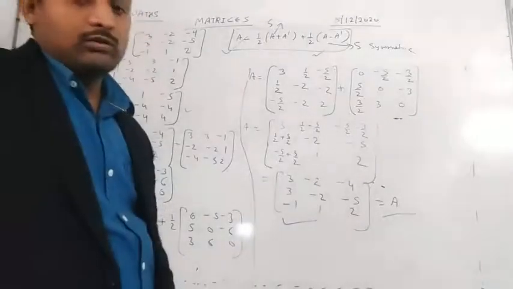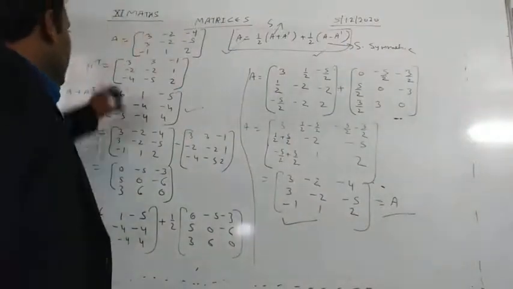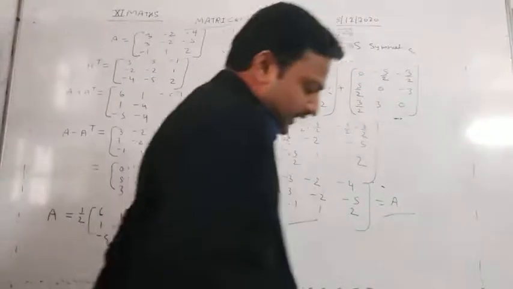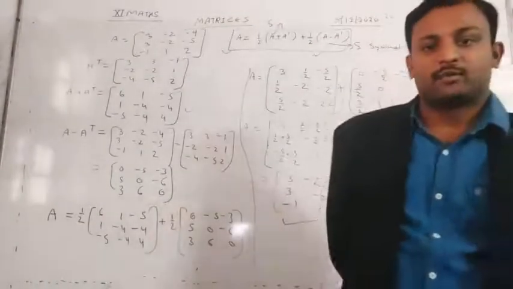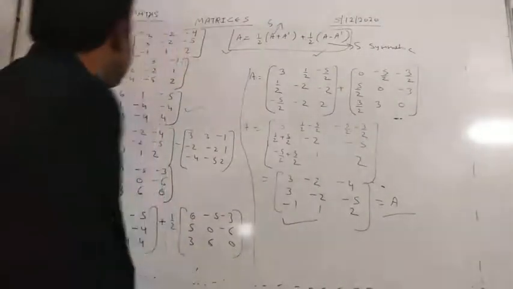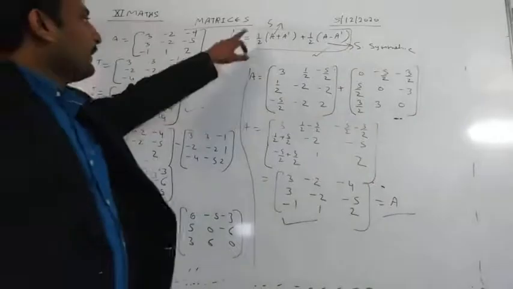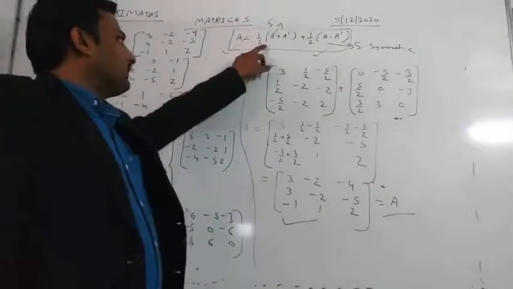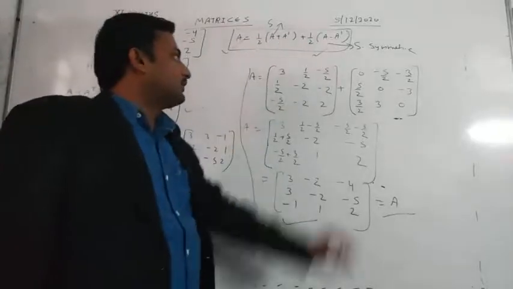I hope you understand, friends, that if we are given a matrix and have to represent it as the sum of symmetric and skew symmetric matrices, we will always use this formula, A equals 1/2 (A + A') plus 1/2 (A - A'), where the first is symmetric and the second is skew symmetric.